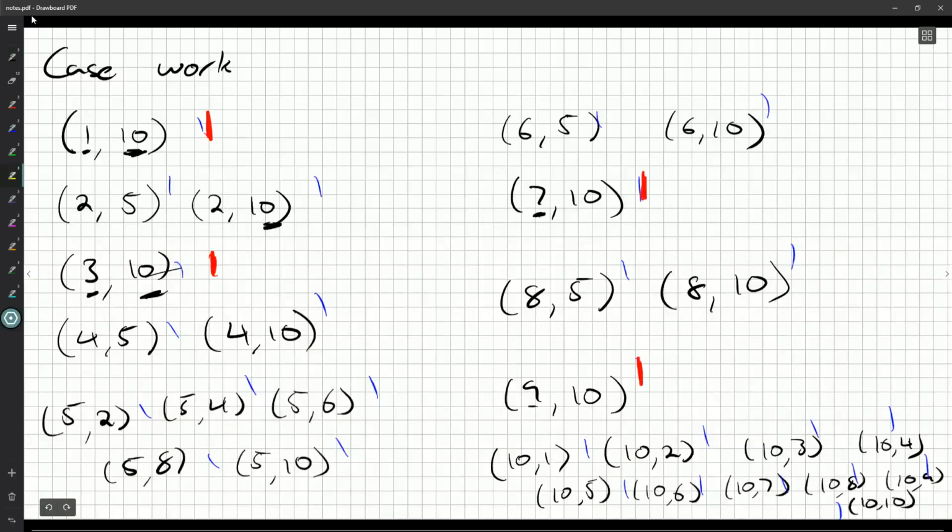And then with 2, there were 2 of them. And 4, there were 2 of them. And 6, there were 2 of them. And 8, there were 2 of them. And 5 gave me, if 5 is the first term, 5 of them. And if 10 is the first term, I got 10 of them. 1s, 2s, 5s, and 10s, these are the factors of 10.